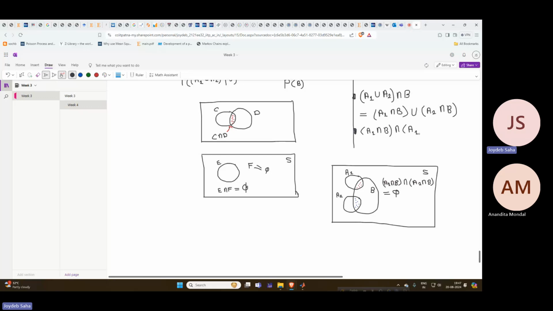So A1, this is phi, if A1 intersection A2 is phi.